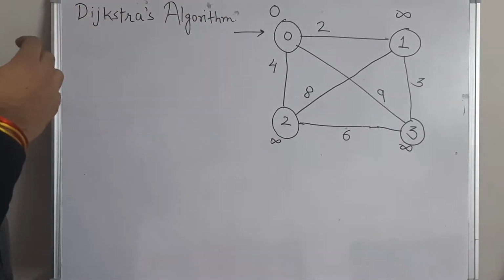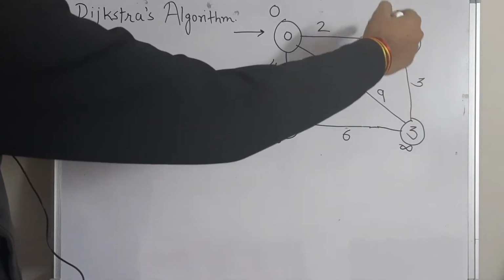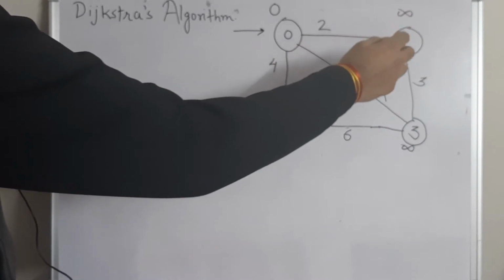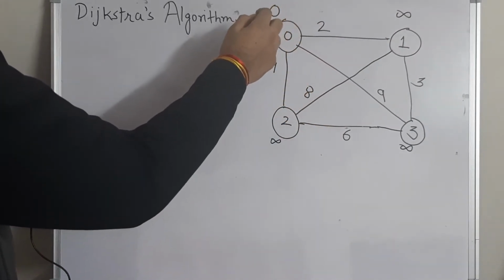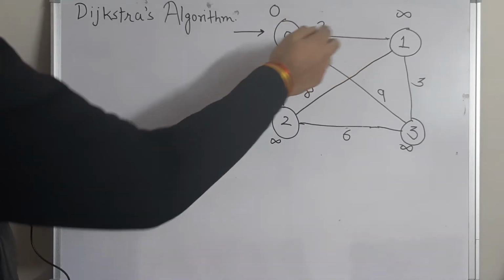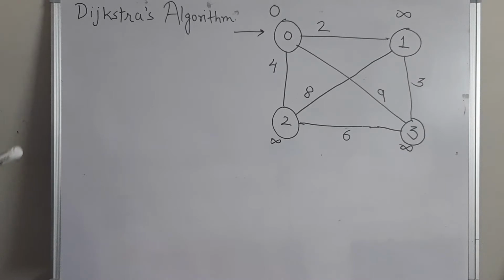Now for each of the following vertices, we will calculate the path such that if the given weight of the neighboring vertex is greater than the sum of the weight of the vertex plus the weight of the edge, then we will update the weight. So we'll take the example and find the shortest path using Dijkstra algorithm.